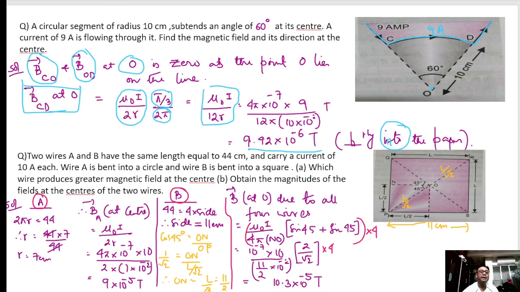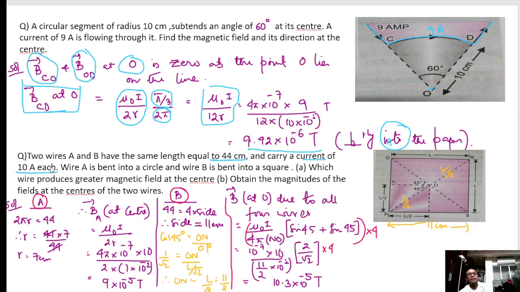Okay friends, so next see, two wires A and B. Here we have two wires A and B of length 44 centimeters, carrying a current of 10 amperes each.